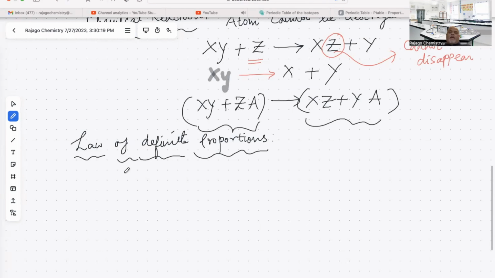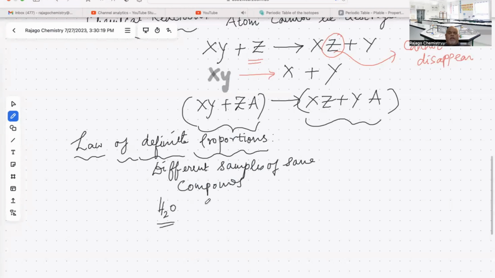So, different samples of the same compound, okay? Let's say you take water from a lake in New Jersey, you take water from Colorado, you take water from Hawaii, okay?